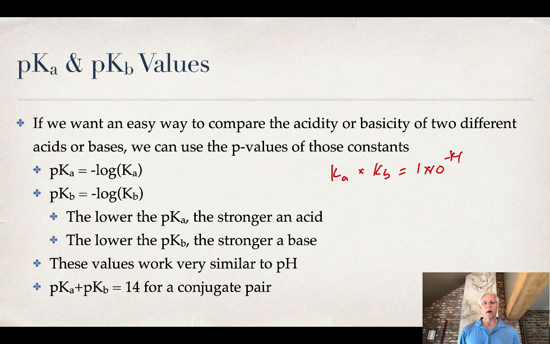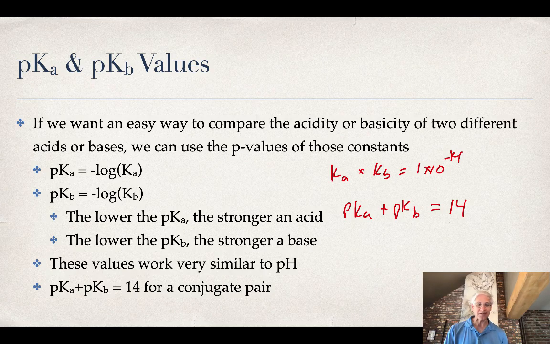If we take the negative log of both of those, we get pKa. And because we're taking the log of two things multiplied by each other, we can add their logarithmic terms, so pKb. And then if you take the negative log of 1 times 10 to the minus 14 for your Kw, you get a value of 14.